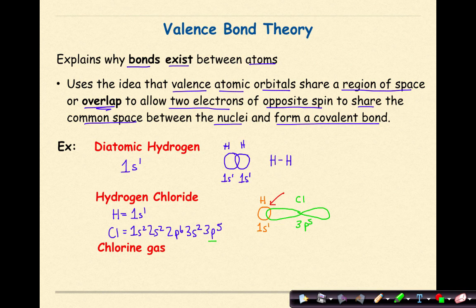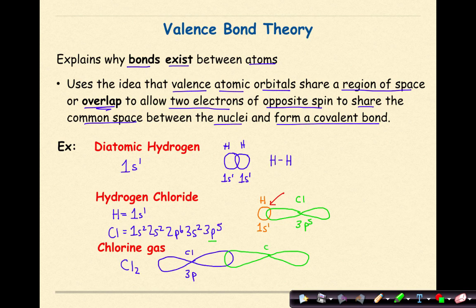Finally, we have chlorine gas, which is diatomic chlorine. The way we're going to visualize this is a dumbbell representing one chlorine, Cl, in the 3p sublevel, and another dumbbell representing the other chlorine, as we can see right here.